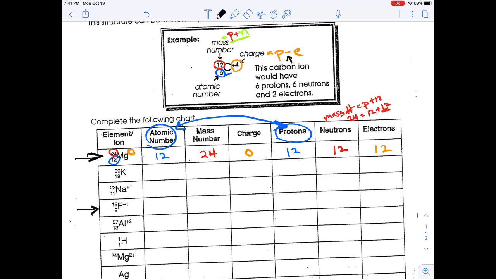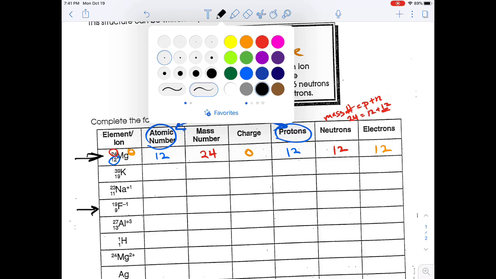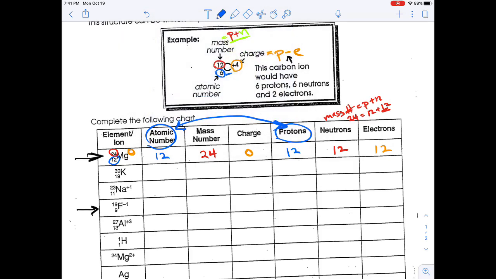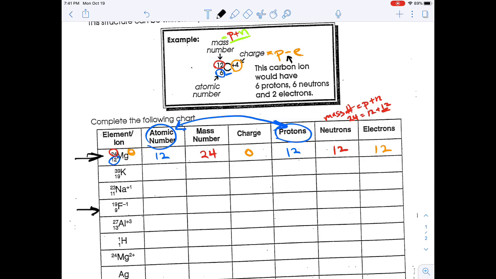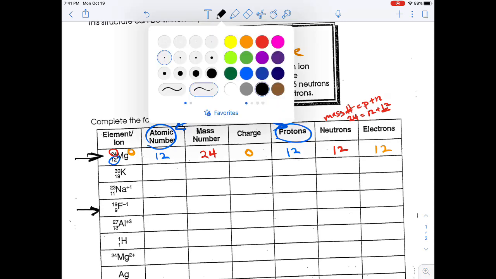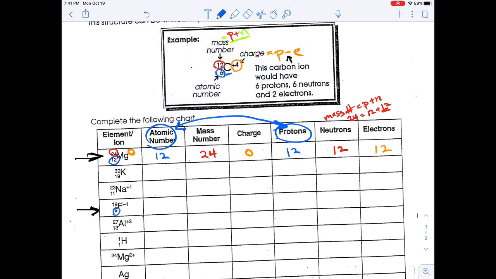Now, here we can see the atomic number, again, is, a little bit of a mess here, sorry. So, as I was saying, the fluorine has an atomic number of 9, and that means the protons are 9. We can see that the mass number is 19.